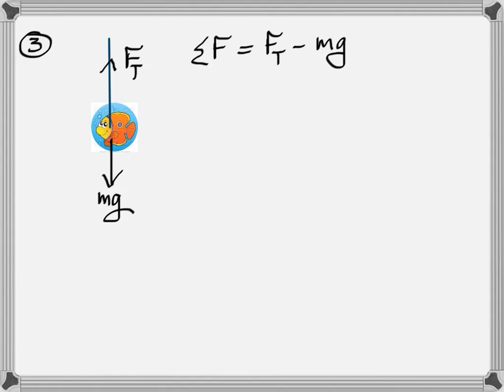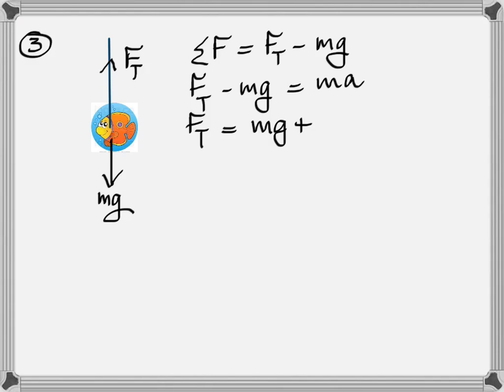And number 3, Ft is the tension acting up, the weight of the fish is acting down. For the net force is Ft minus mg, which is equal to ma. Generally, by Newton's second law, the net force is equal to m times a. Just rearrange.